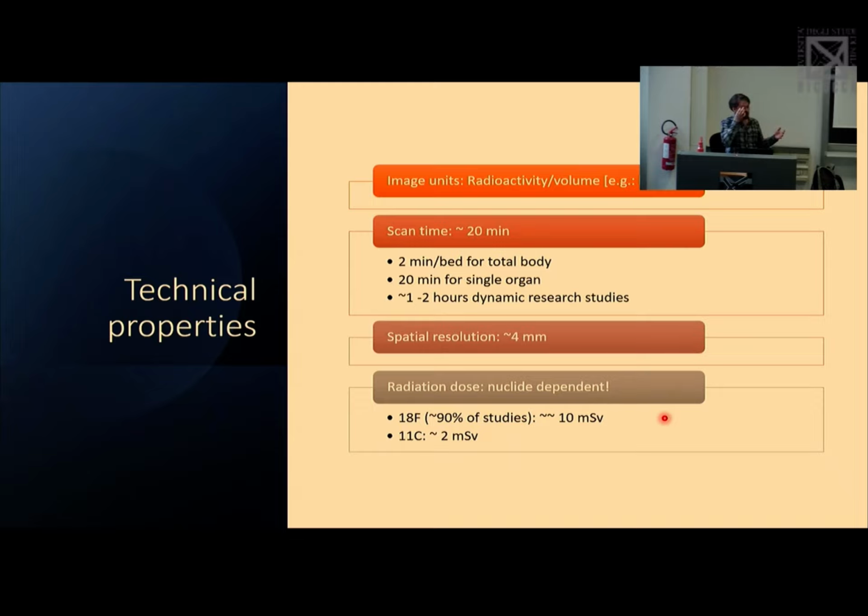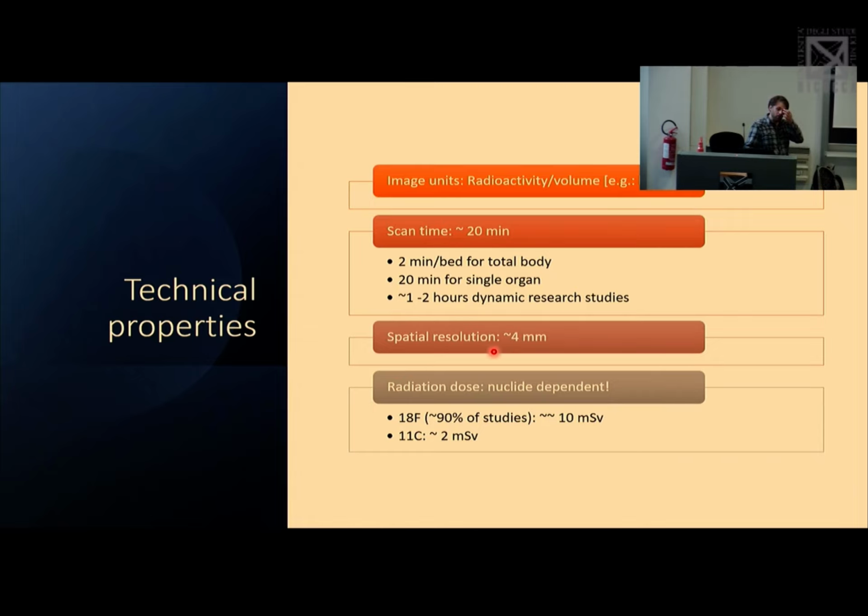Or if you want to focus on a single organ, you might want to acquire a very high number of photons, so you acquire for longer, but that takes time. You need to compare that to CT scans, which take seconds. So this gives you lots of problems with patient compliance and motion blurring, because some people might move over a long time. And you can also do much longer studies for dynamic research studies.